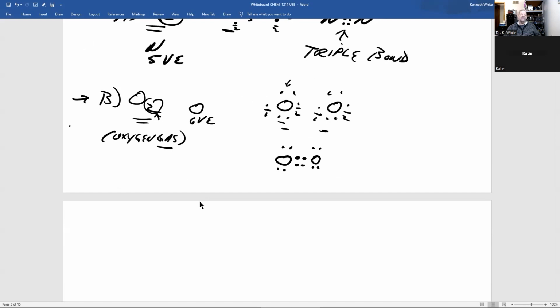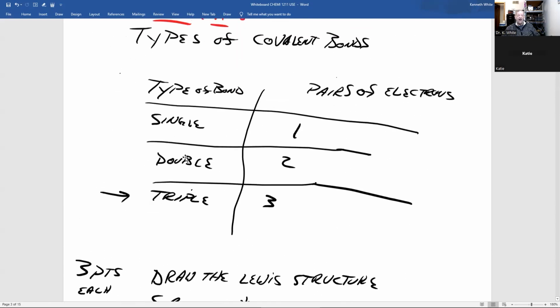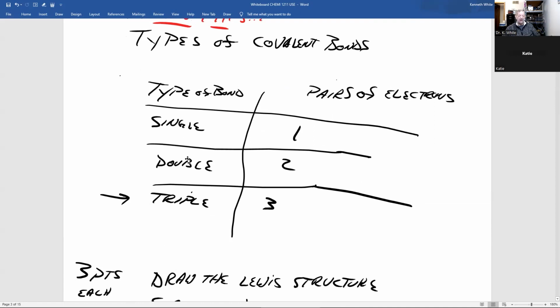Now, the one thing I'll go back to, I forgot, bad Dr. White, and that is the octet rule. But first of all, what kind of bond is between oxygen atoms in oxygen gas? Well, 2 pairs of electrons. Oh, look, someone put a nice table up here. 2 pairs of electrons is a double bond.